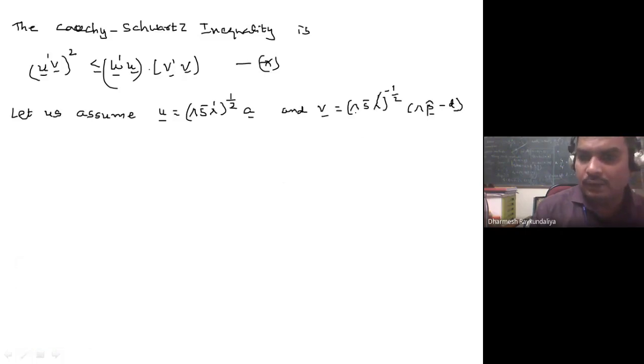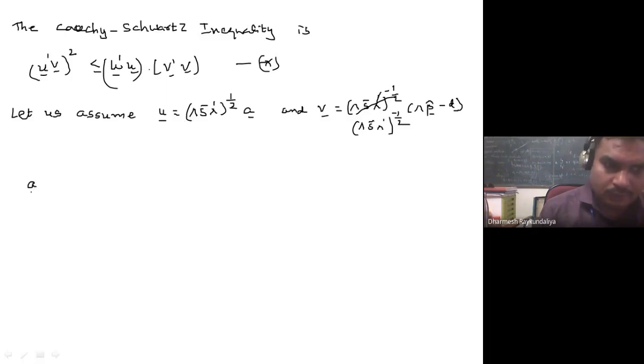I will write here again: (lambda S bar lambda dash) raised to minus half. So you have this. So what is U dash V? U dash V is nothing but you have to take the transpose of this.